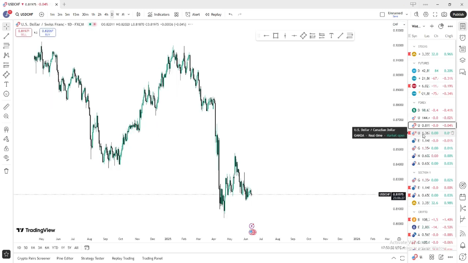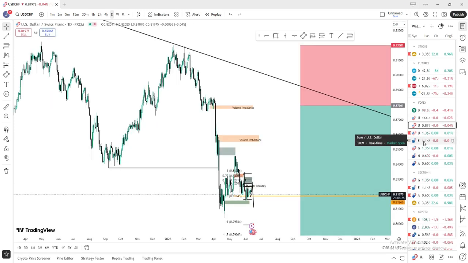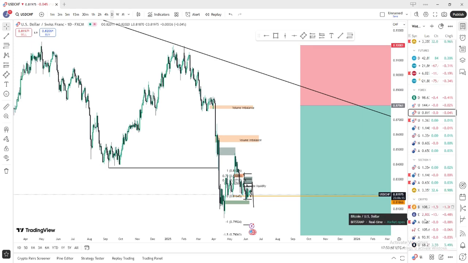Then this is the CAD. This is Euro. This is British pound. This is New Zealand dollar. This is Australian dollar. And down here I have Bitcoin, Ethereum, I have oil, and I have some other minor pairs.